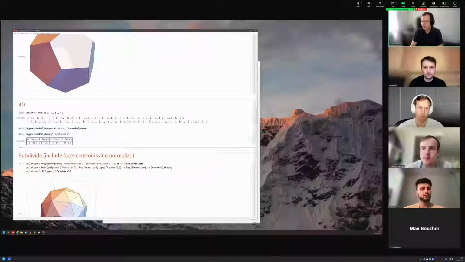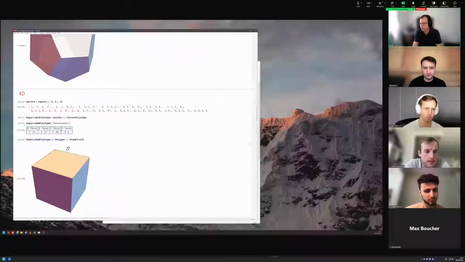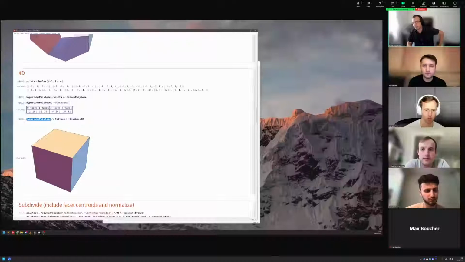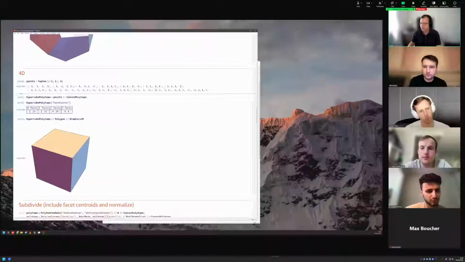And the projection to 3D automatically just chops off the first three coordinates. So how about if I rotate this?